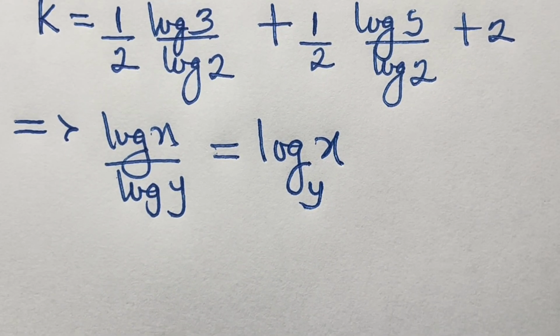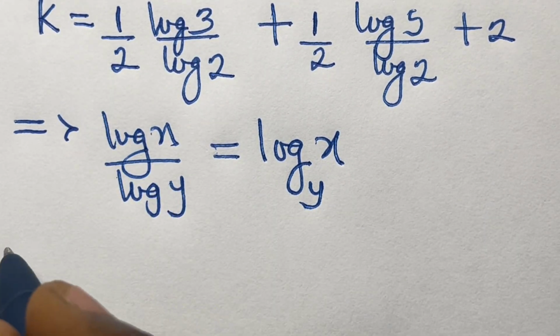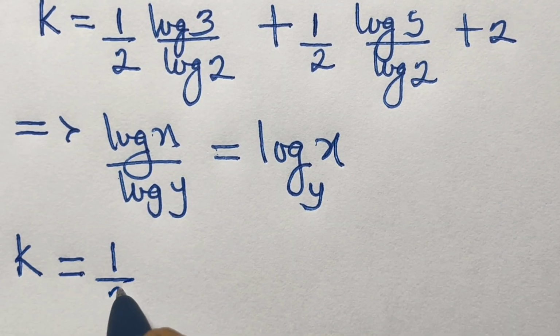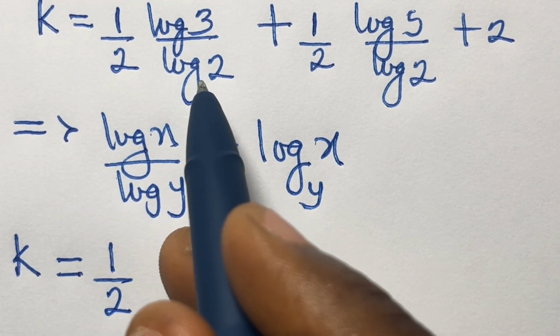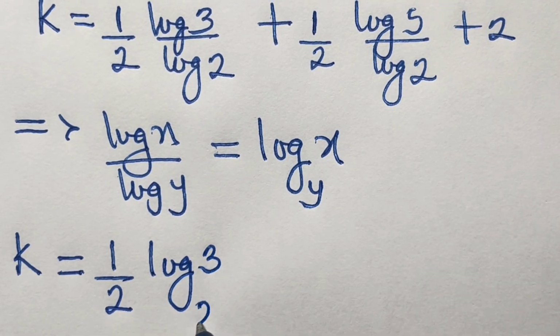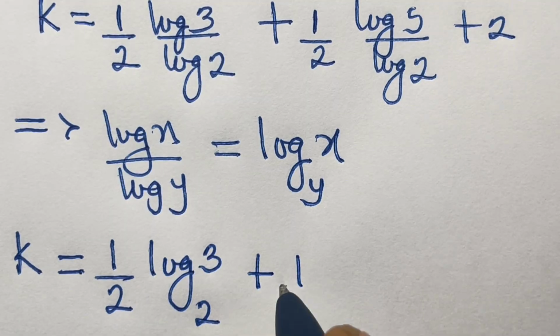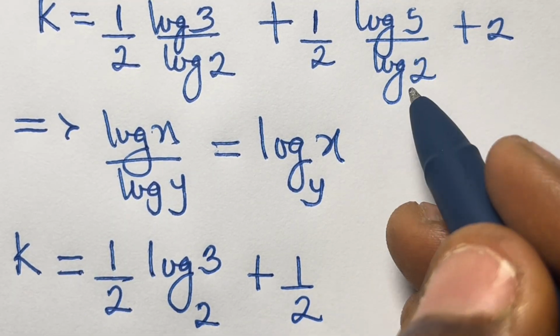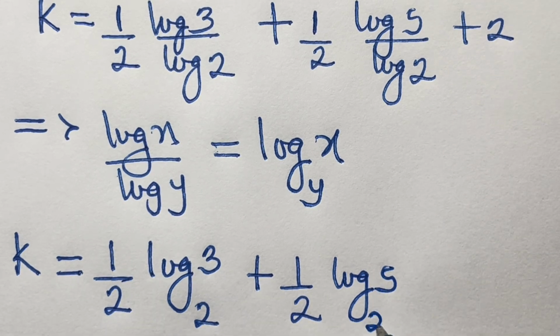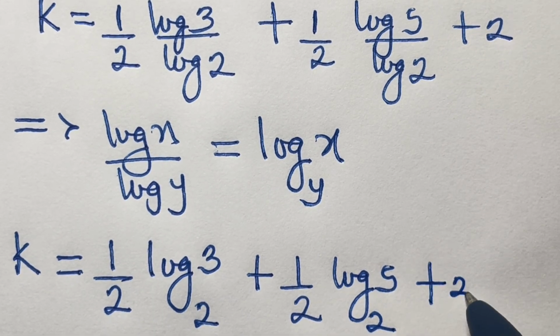So applying this to the above, we'll have k equals 1 over 2 log 3 in base 2 plus 1 over 2 log 5 in base 2 plus 2.